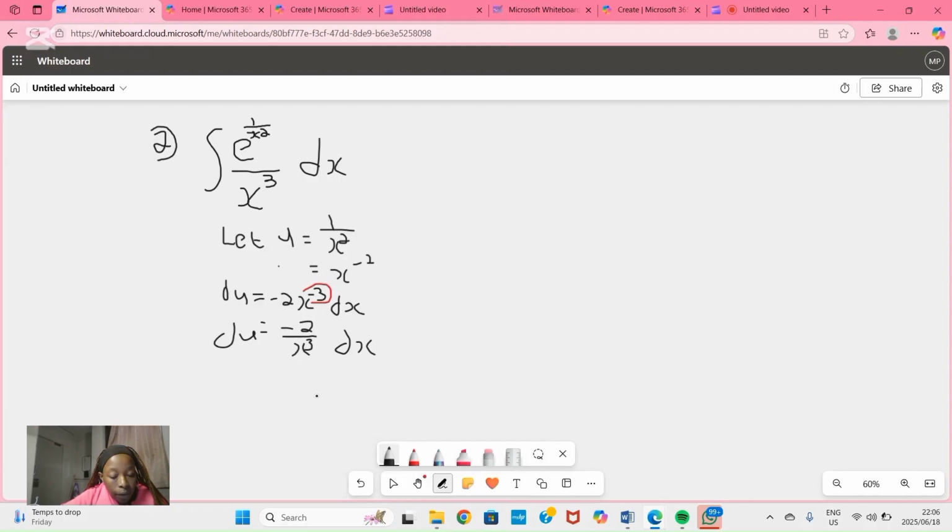Okay, so in order for us to calculate dx, we have to divide by negative 2 over x cubed on both sides. Also this side we're dividing by negative 2 over x cubed.